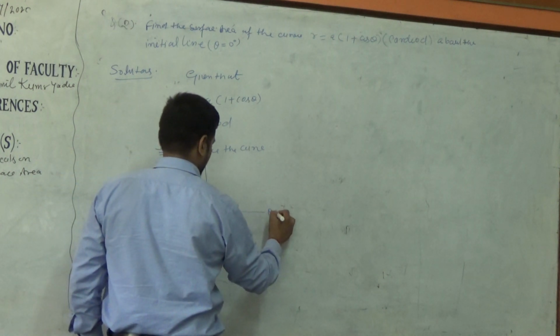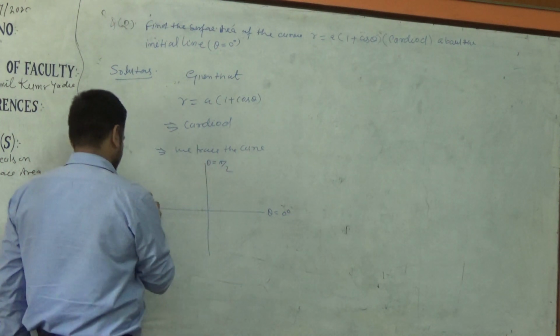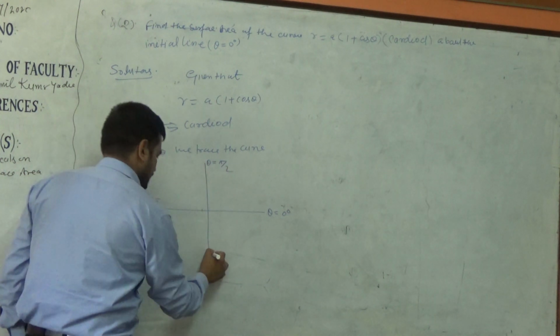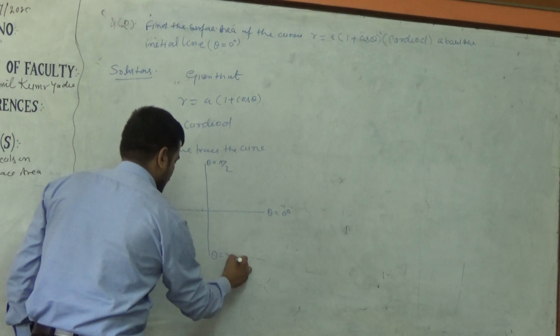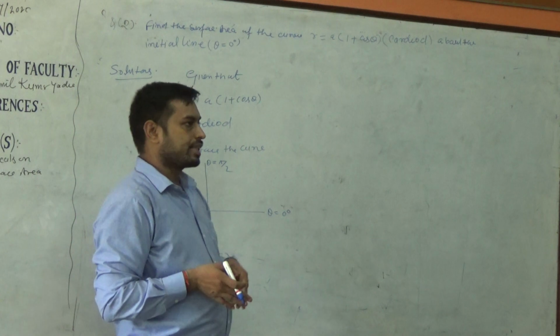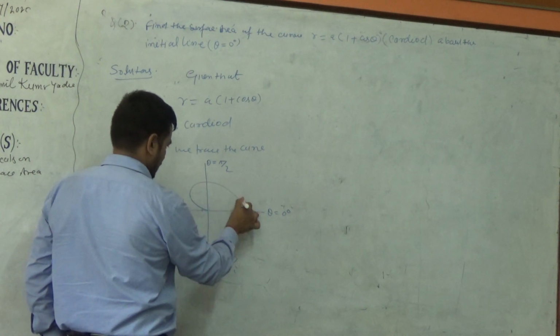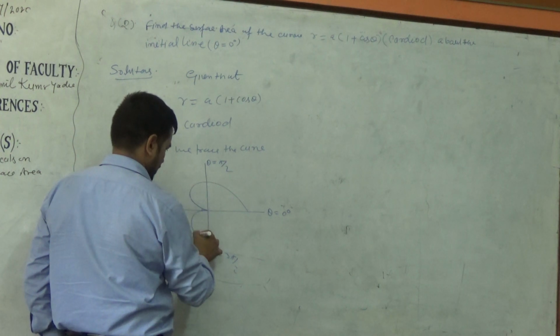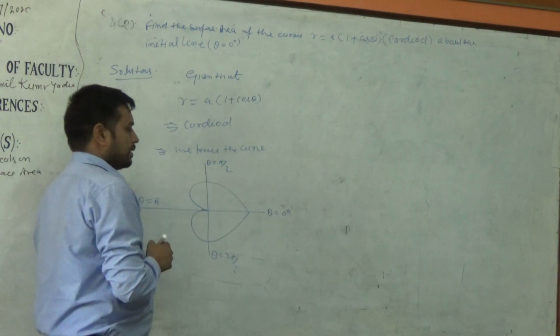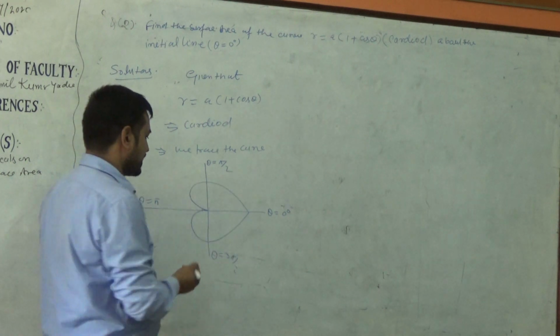We take theta equal to 0 degrees, theta equal to pi by 2, theta equal to pi, and theta equal to 3 pi by 2. The cardioid has a shape like this, which is symmetric about the initial line.